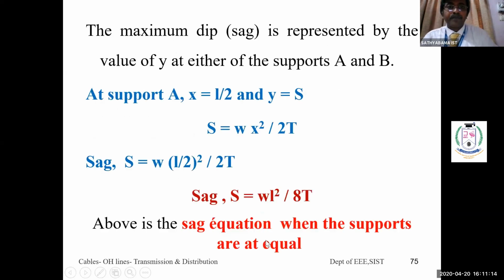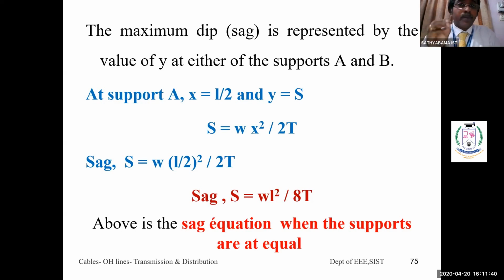Next, the maximum dip, which is the sag, we have to calculate. The length of the span is the total L, which is divided into two parts, L by 2. It is your wish: you can solve in terms of support A or support B, because it is an equal level.